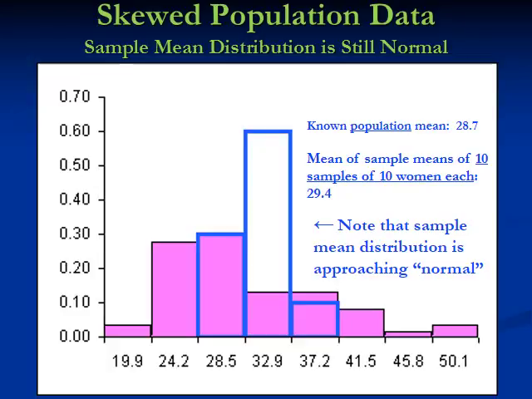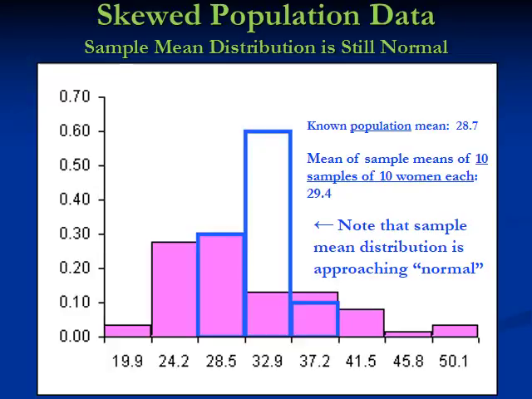Now, if we take from our whole population of 61 women, let's say we take 10 samples, and each of our samples is going to have 10 women in it. And with each of those 10 samples, we're going to calculate the sample mean.